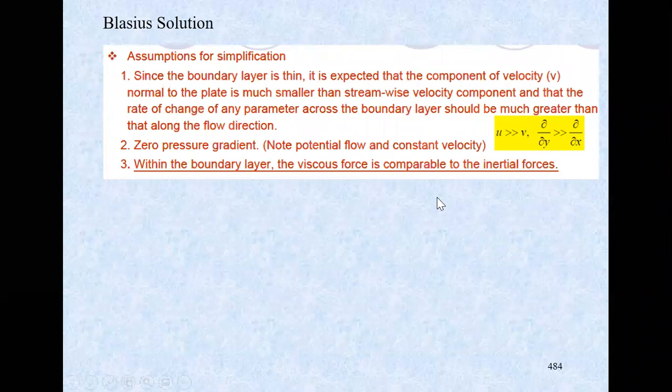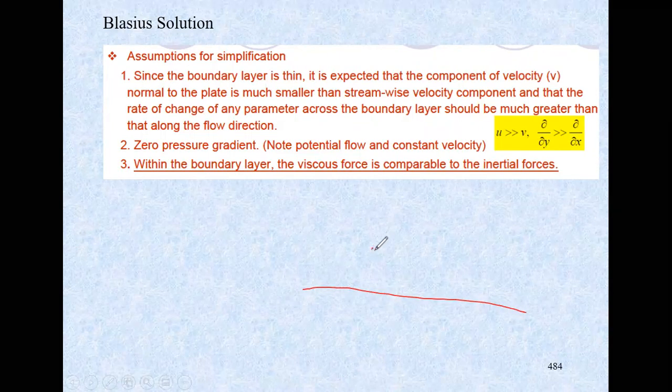We start with the assumptions. It's really thin, so the velocity component normal to the plate is neglected. What this means is that the velocity is only in one direction. If this is the flow, each of the particles actually has this component of velocity u and also v, but v is ignored.